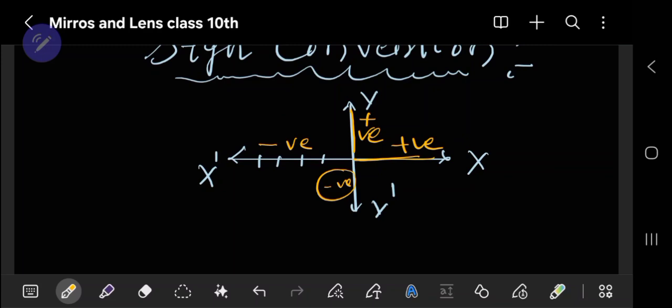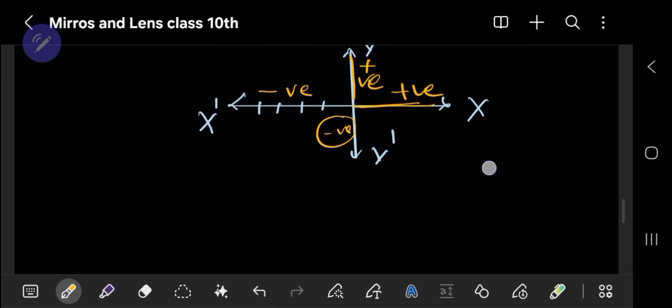On this basis, if you understood the Cartesian plane, which side is negative, which side is positive, whether above will be positive or negative, whether downward will be positive or negative, then half of the confusion is already clear.